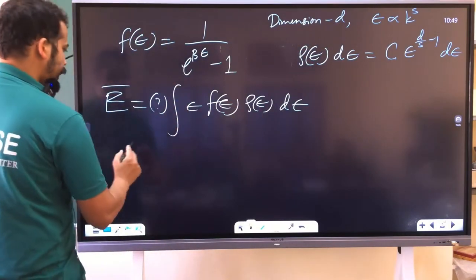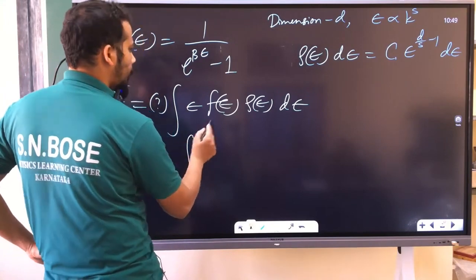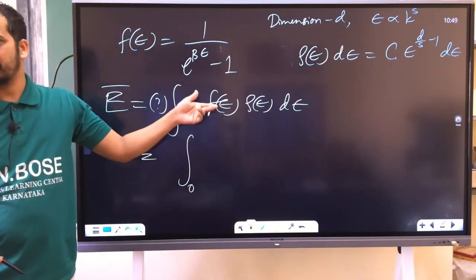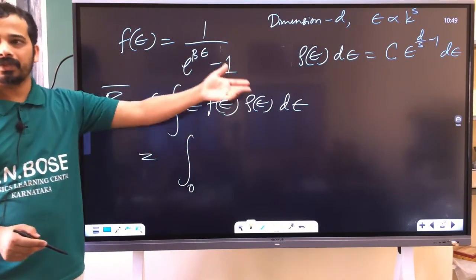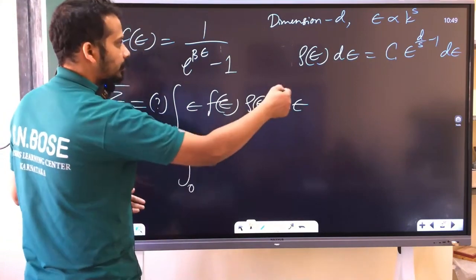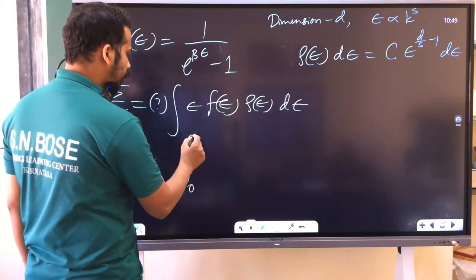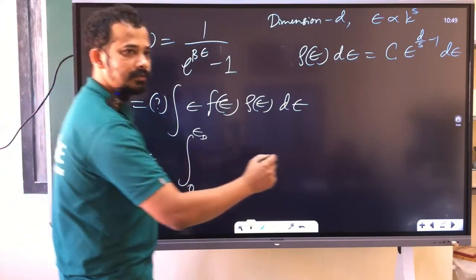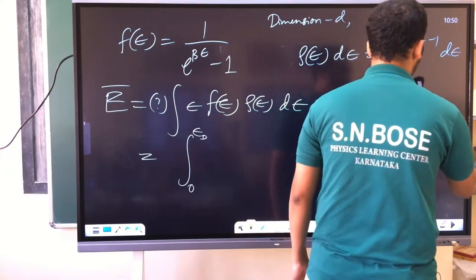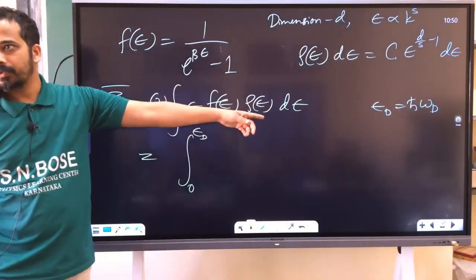Whatever the case, the integral runs from 0 to omega_D in Debye theory, but later we can make it 0 to infinity. Or you can write in terms of h-bar omega, from 0 to E_D, where E_D = h-bar omega_D, because I have written in terms of energy. It doesn't matter whether you do the theory in terms of omega or energy.